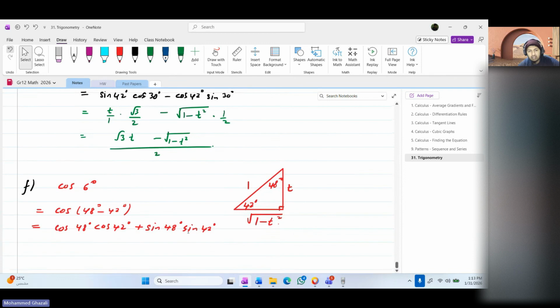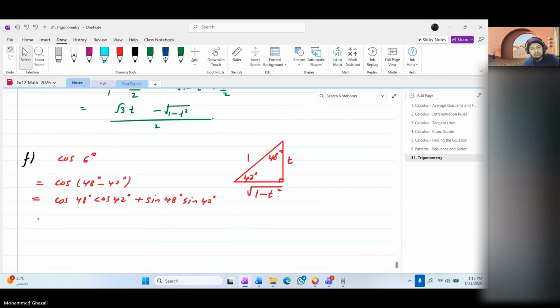Right, easy. Using this diagram. What is cos of 48? Adjacent over hypotenuse. I'm going to put over 1. So just square root 1 minus t squared. Cos 42 is just t plus what's sine of 48? 48 is opposite over hypotenuse, square root 1 minus t squared. And sine 42 is t.